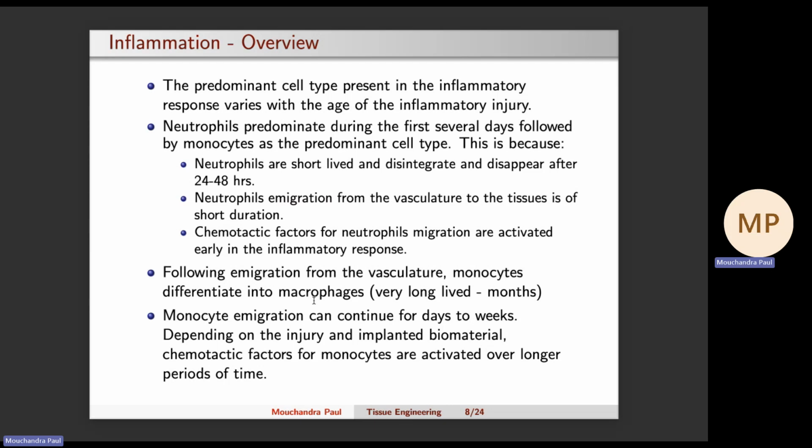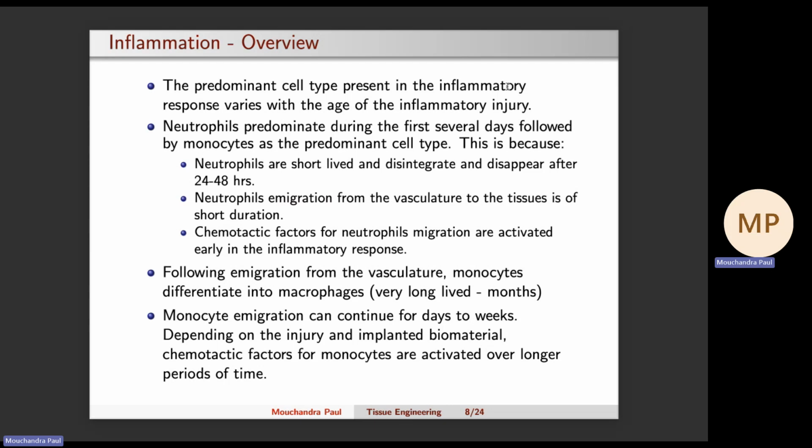So now we have come to the next step, that is inflammation. The predominant cell type present in the inflammatory response varies with the age of inflammation. As you track the inflammation process, you can also track the cell numbers of different cell populations.